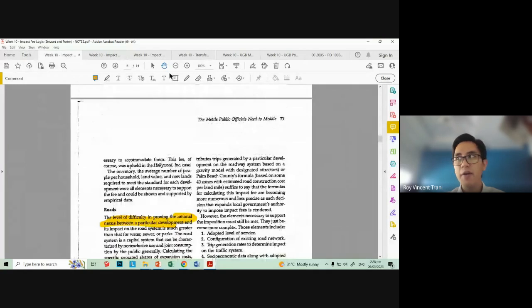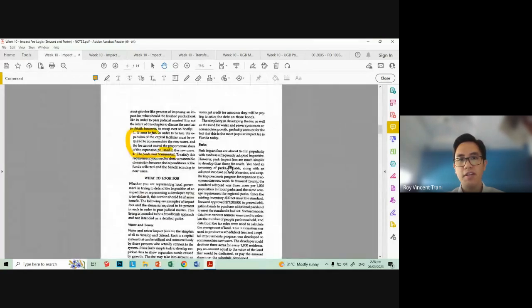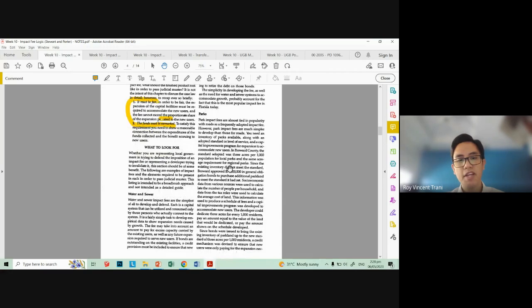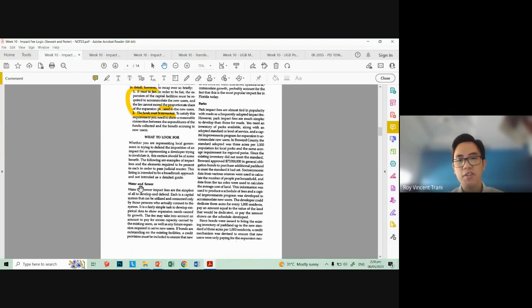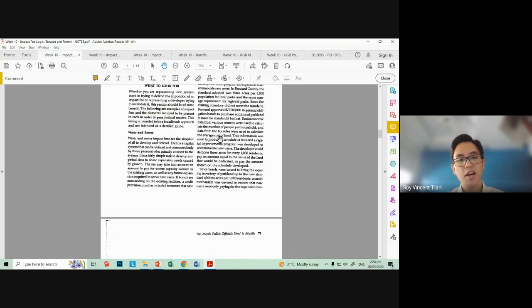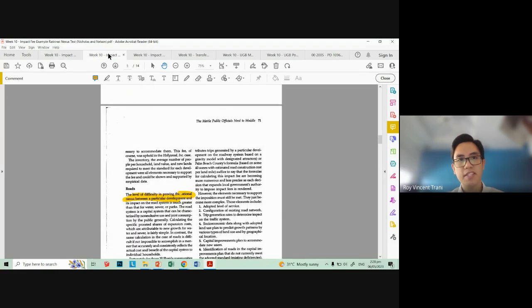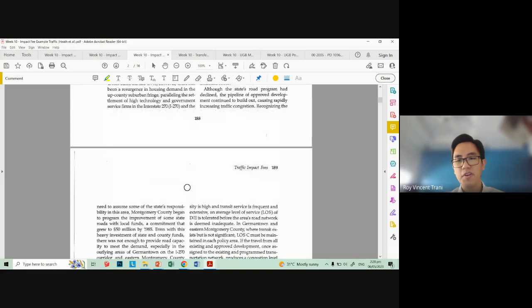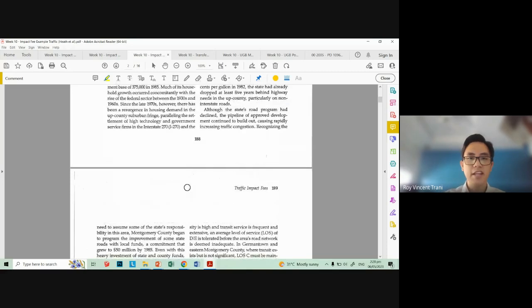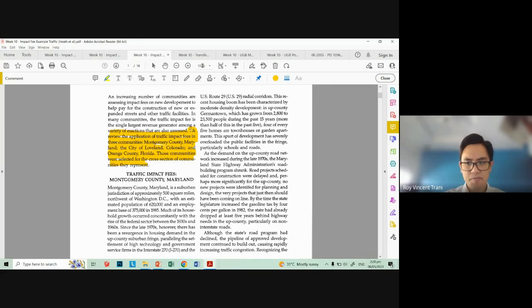For our final report on a growth management plan, I would really highly advise that we focus on water and sewer and parks. We'll leave the road impact fees maybe for your next class, the one after this. And you will always have the reference anyway.